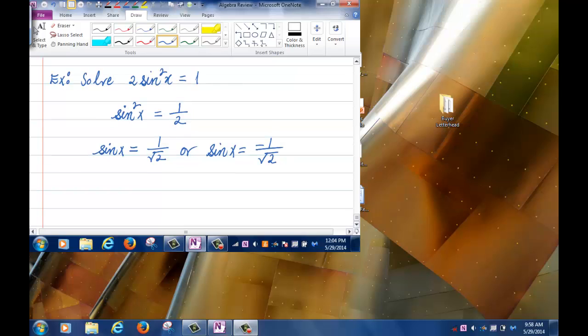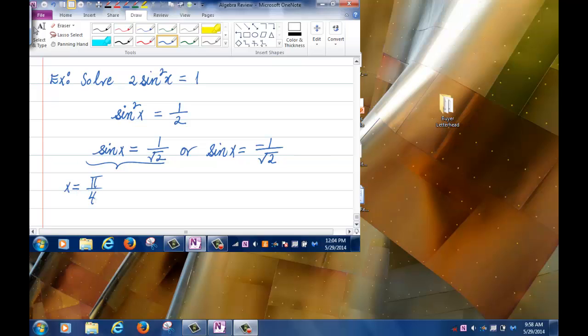So between 0 and 2 pi, between 0 and 360 degrees, for what angles do you get sine to be root 2 over 2? So for this one, x is what? Pi over 4 is one of them.